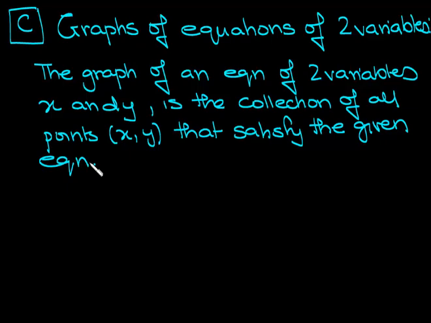So the graph of an equation of two variables is basically a collection of all the points that live on that graph or that satisfy that equation.